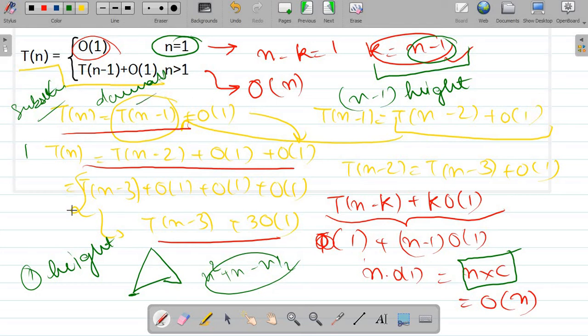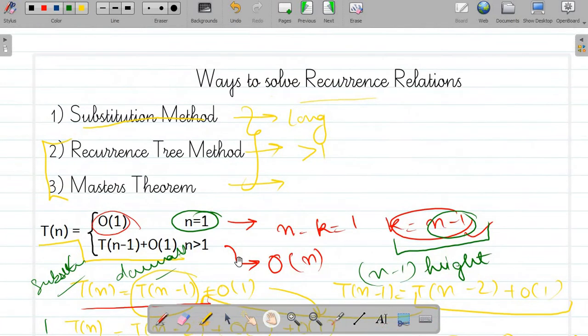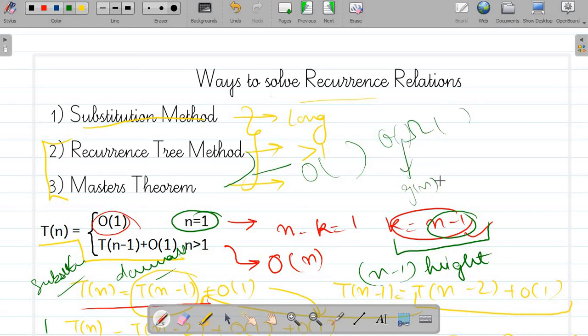So the substitution method gives us a more precise answer in comparison to the other two techniques. These two techniques only give me the dominant term so that I can write it as order or theta or omega. Like over here, this g(n) is given, that is, the dominant part of the function.